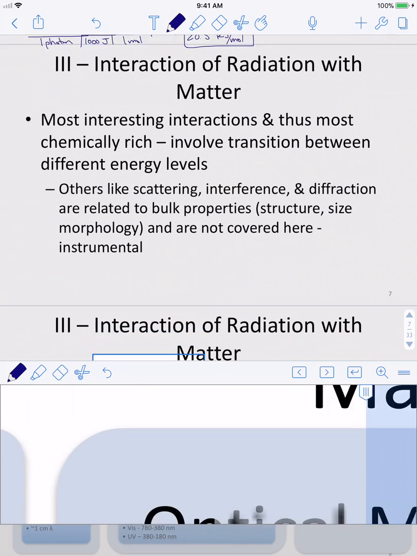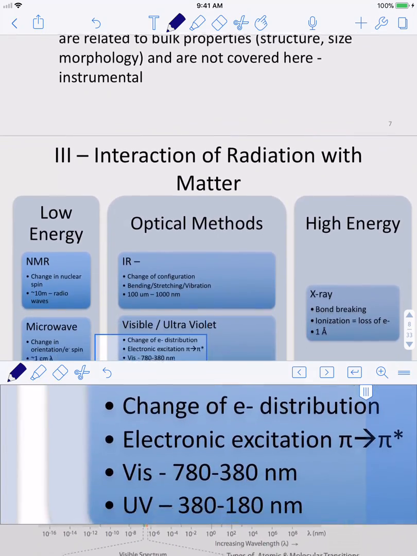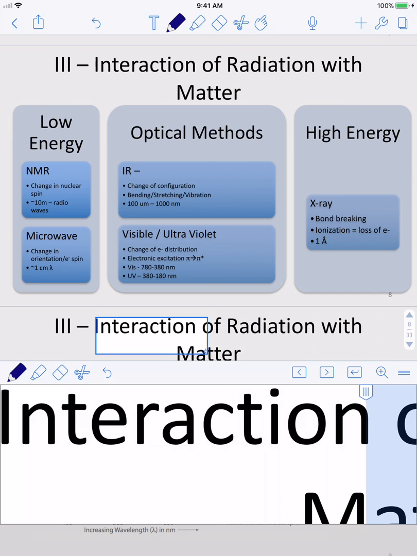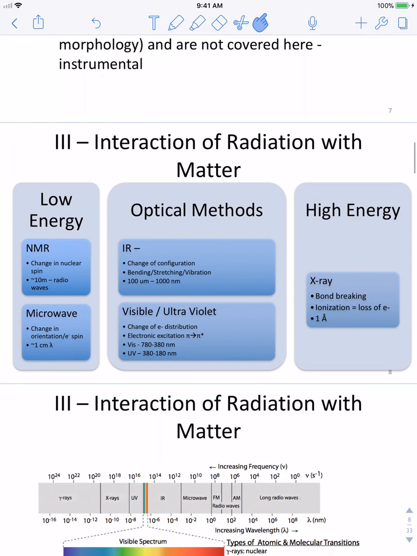So here we're going to look at all these different interactions that electromagnetic radiation can have with matter. We can start on the low energy scale over here, and what we see is techniques like NMR, which is nuclear magnetic resonance, similar to an MRI if you've ever had that done.